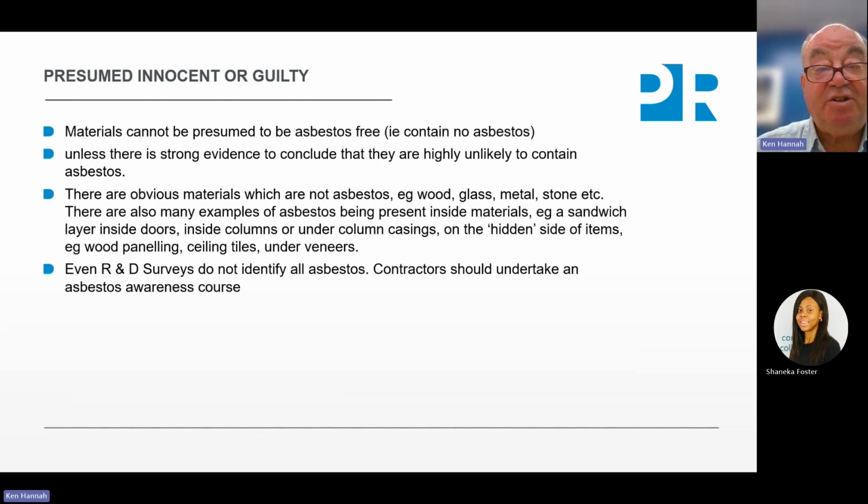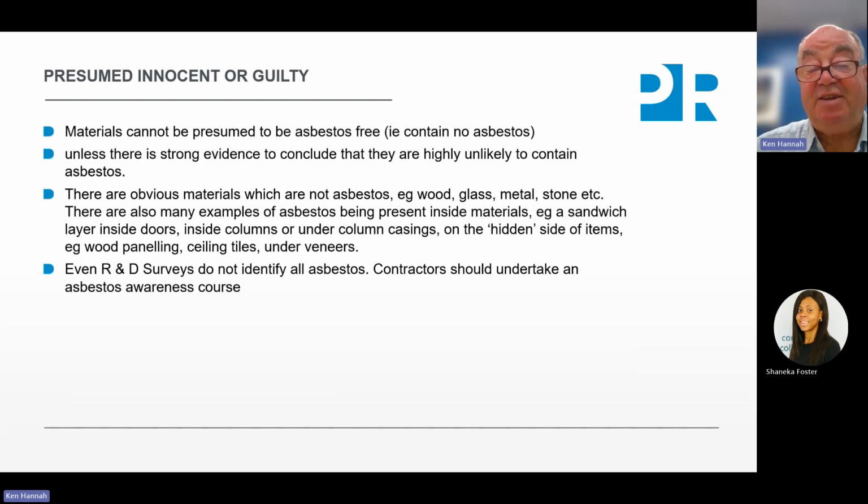Materials cannot be presumed asbestos-free unless there's strong evidence to conclude that they're highly unlikely to contain asbestos. So there are obvious materials such as wood, glass, single skin metal, stone, which don't, but there are many examples of asbestos being present inside materials as a sandwich layer, and we've already said doors, columns, under column casings, hidden side of items.